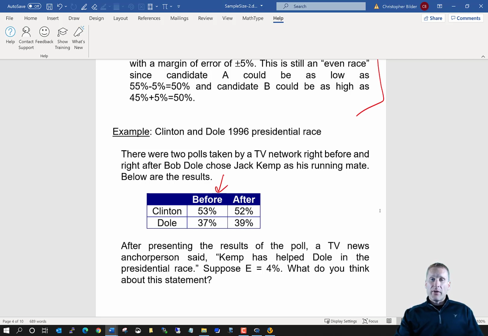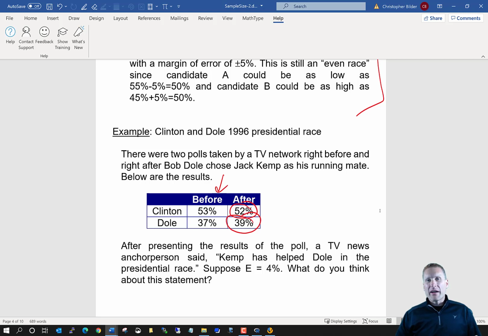After the nominee, in this case Jack Kemp, was chosen, Clinton was at 52% in a new poll and Dole was at 39%. After presenting the results of both polls, a TV news anchor said, Kemp has helped Dole in the presidential race. Well, unfortunately, and this is often what happens, a margin of error was not stated.